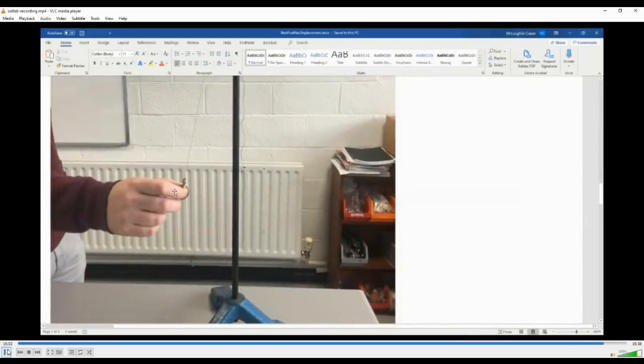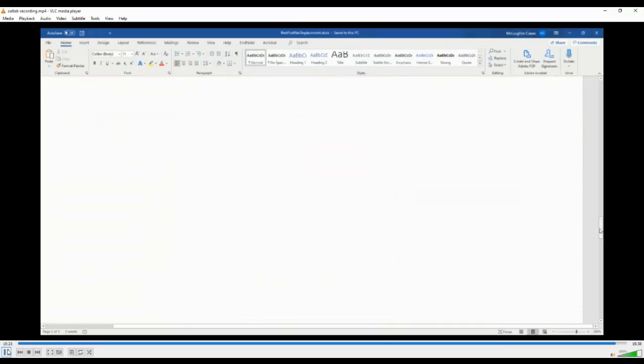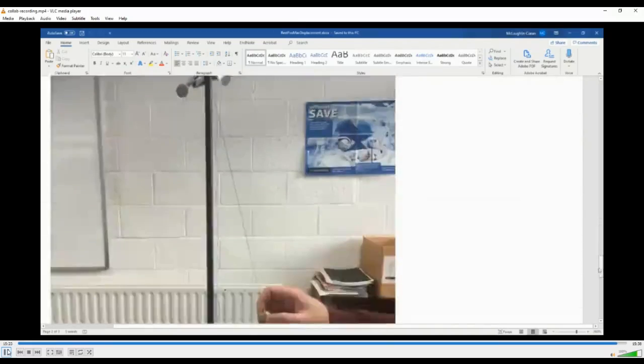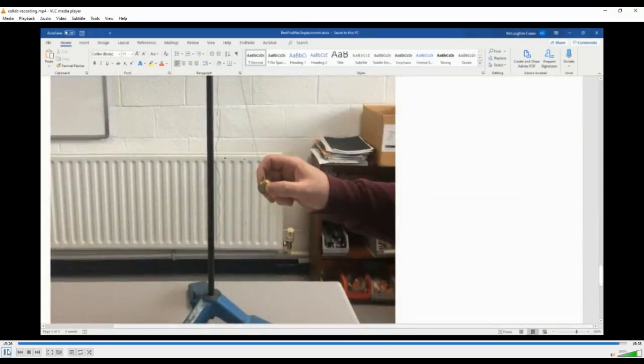If we let that go, it will move backwards and forwards, and we will have one cycle: maximum positive displacement, rest position, maximum negative displacement, rest position, maximum positive displacement, or one cycle or one vibration. And there we have the pendulum at maximum negative displacement.